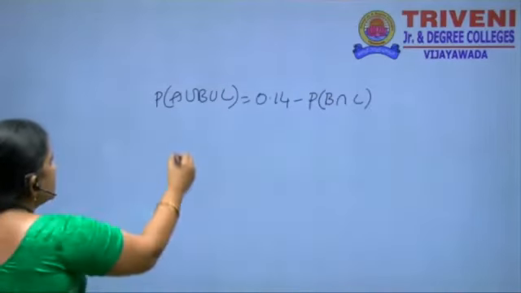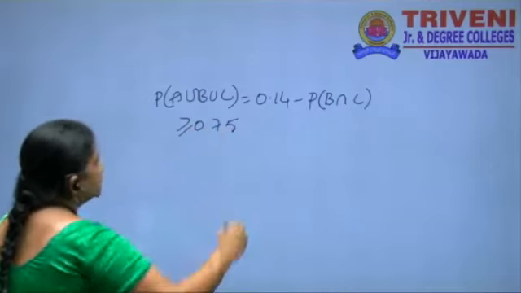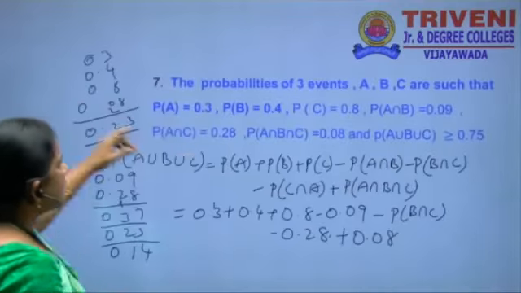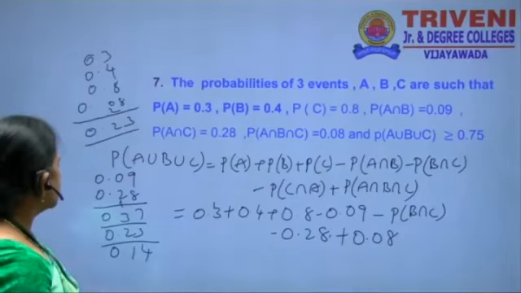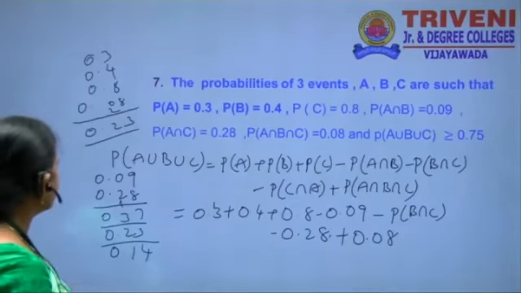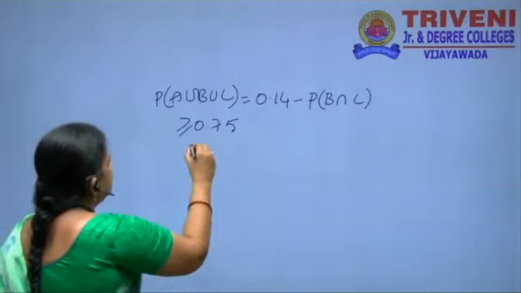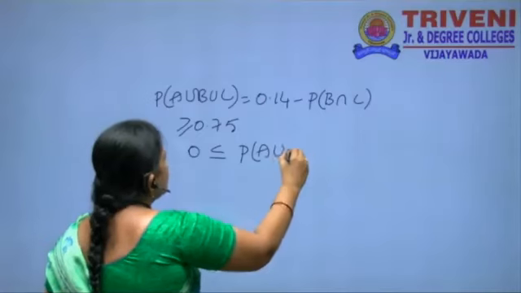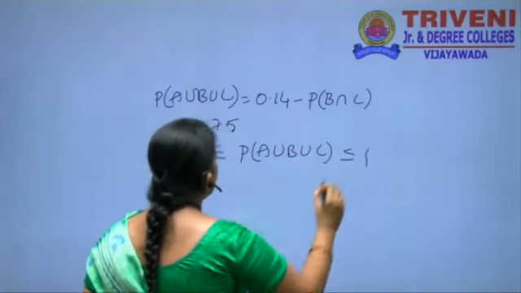They have given the value of this as 0.75. P of A union B union C is greater than or equal to 0.75. That is, 0 is less than or equal to P of A union B union C is less than or equal to 1.